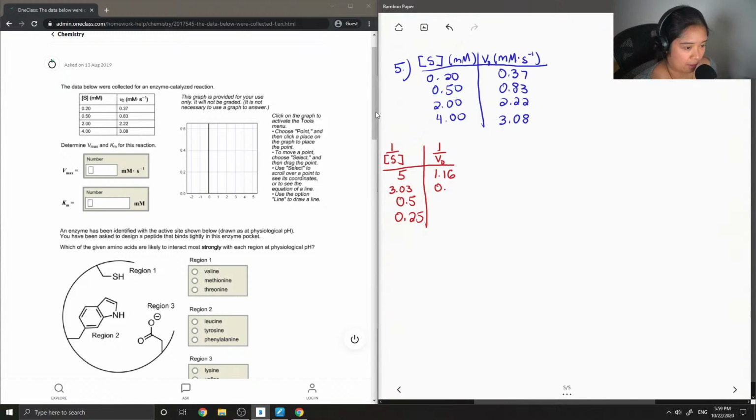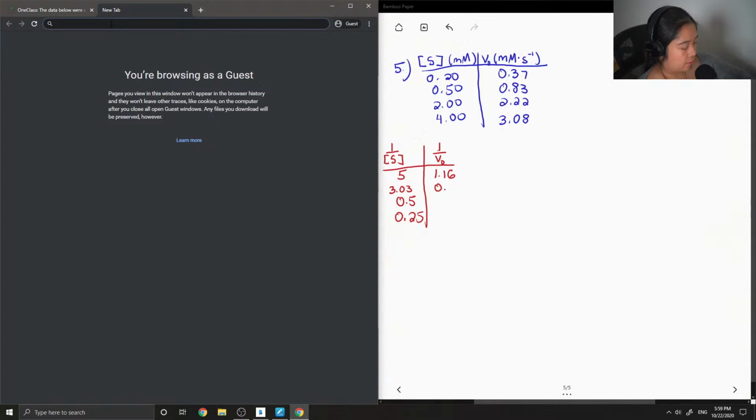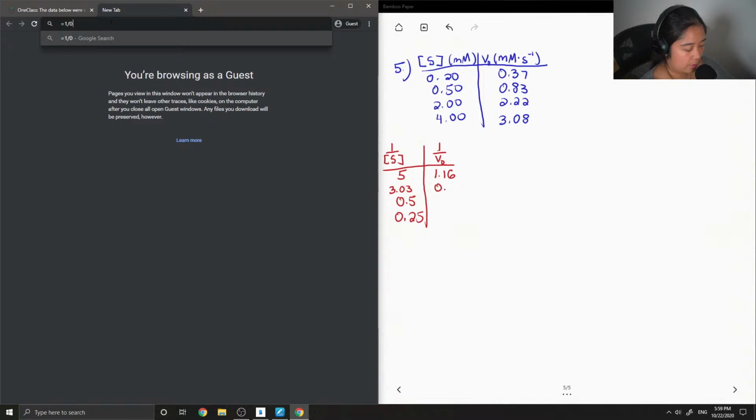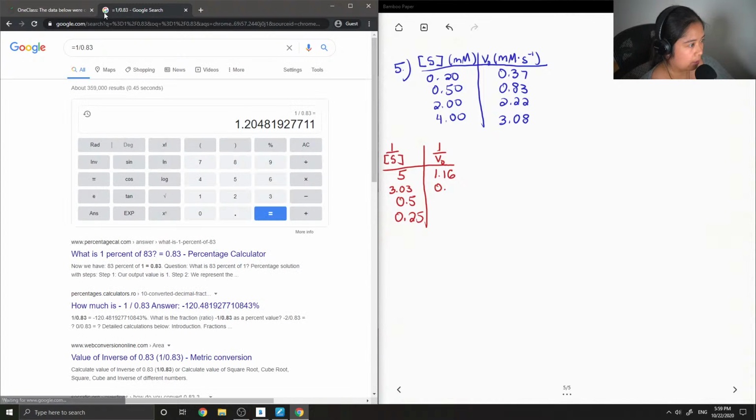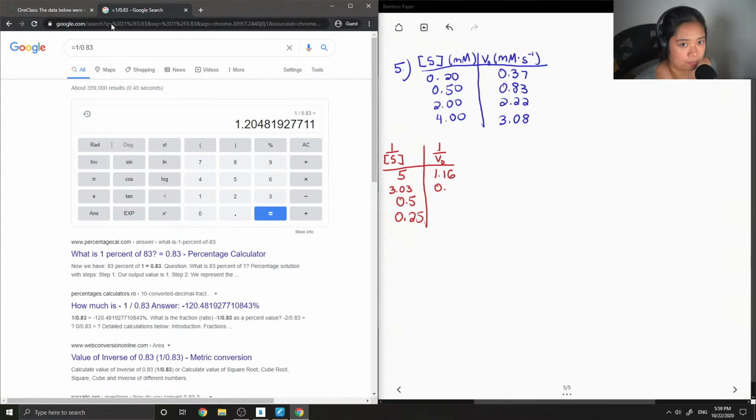If I wrote this down right, 1 over 0.8 is 1.2.